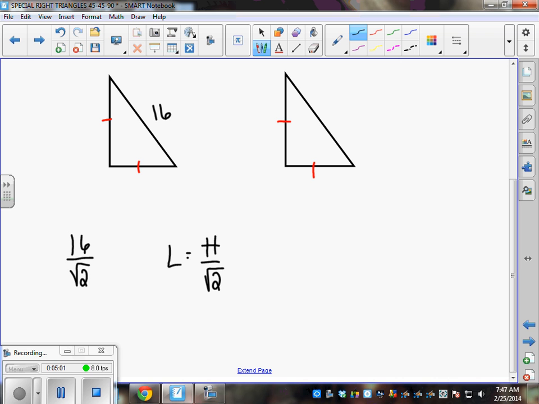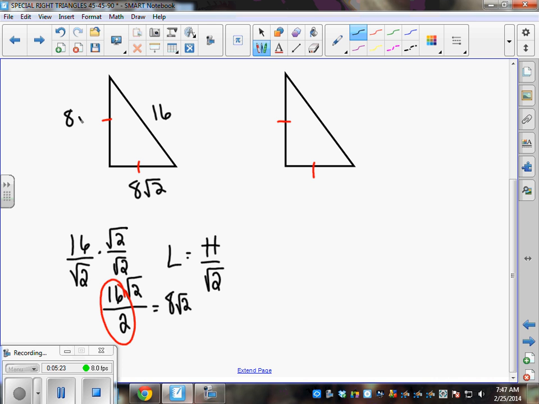Remember, you can't leave radicals on the bottom, so we multiply by square root of 2 over square root of 2, which is 16 square root of 2 over the square root of 4, but that's 2. Now I can simplify those two numbers because they're not under radicals and get 8 square root of 2. So my leg would be 8 square root of 2, and both legs would be the same amount.